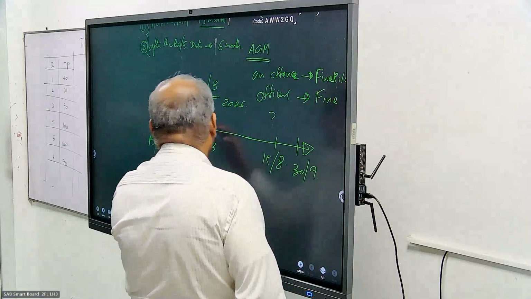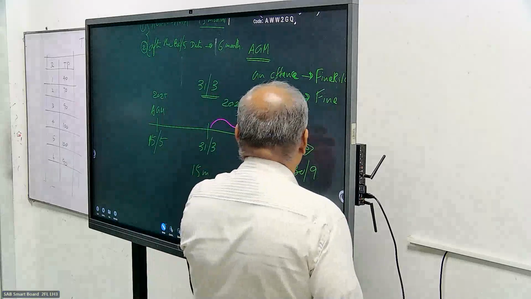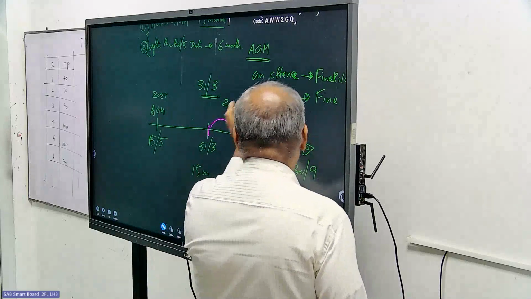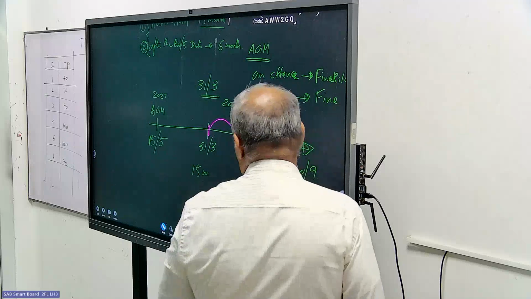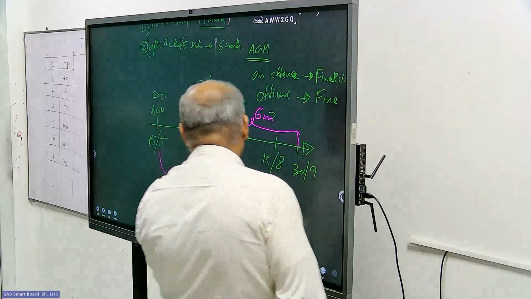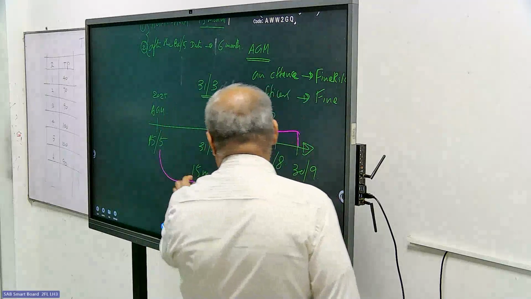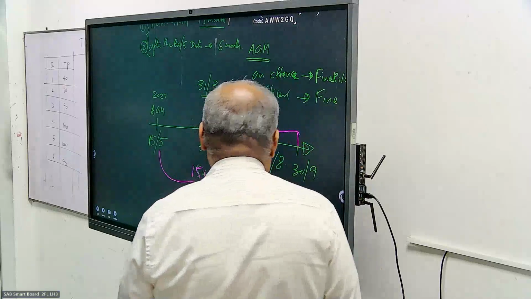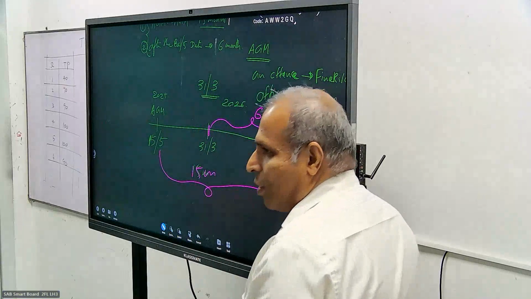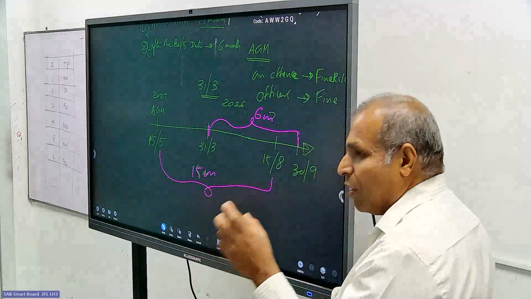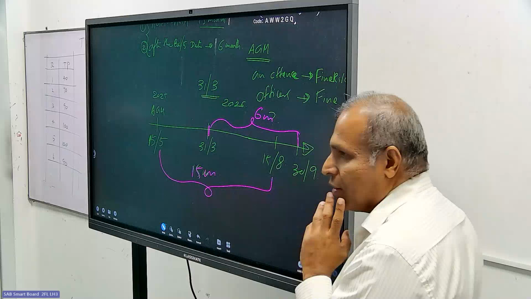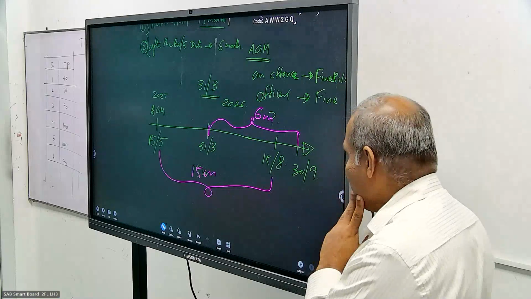So from here to here, 6 months. From here to here, AGM to AGM, 15 months. And so what is the duration for AGM in 2026? They have calculated.